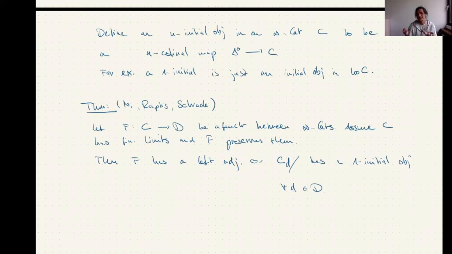In one-categories that would be trivial, right? For one-categories that would just mean it has a left adjoint if and only if the condition of having a left adjoint is satisfied. But because in infinity categories you have this more freedom upstairs, you can require stronger and stronger notions of initiality to formulate different versions of adjoint functor theorems.